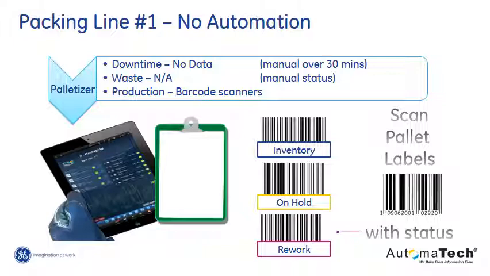In other words, we're keeping track of every time a pallet is produced in real time, going right into the system, and we're able to tell the status of that pallet so we know if it's going to be counted as part of waste or rework, or if we need to have someone come over after 3 or 4 of them have been put on hold so that they can intervene and push them through the system and move on from there.